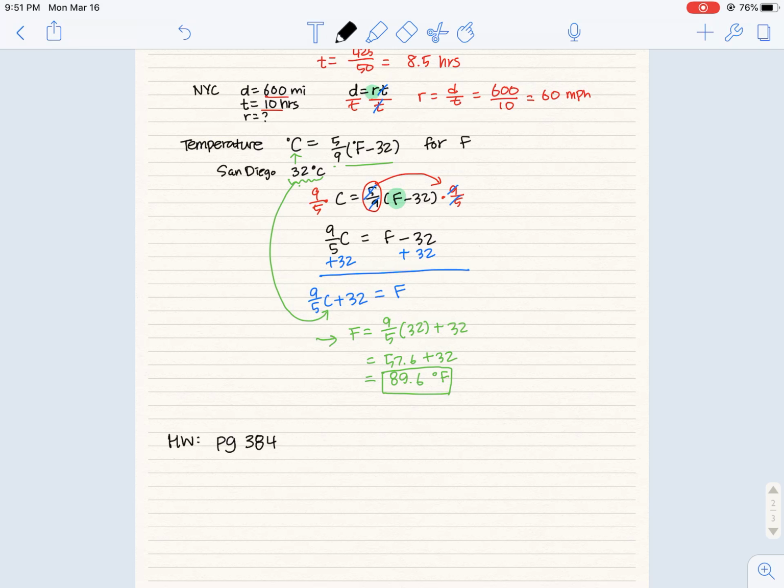It's going to be from page 384. And then you'll be working numbers 4 through 14 even. Yeah, let's do 4 through 14 even, and 1, 2, 3.